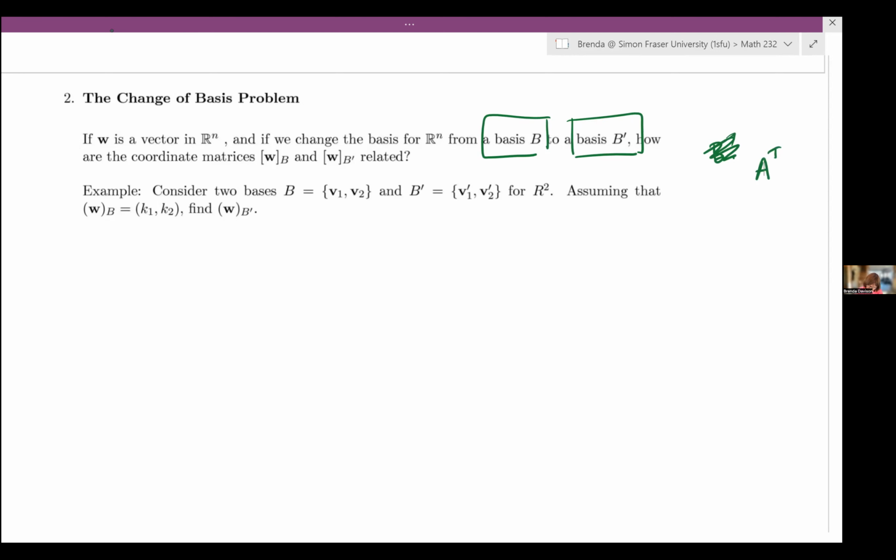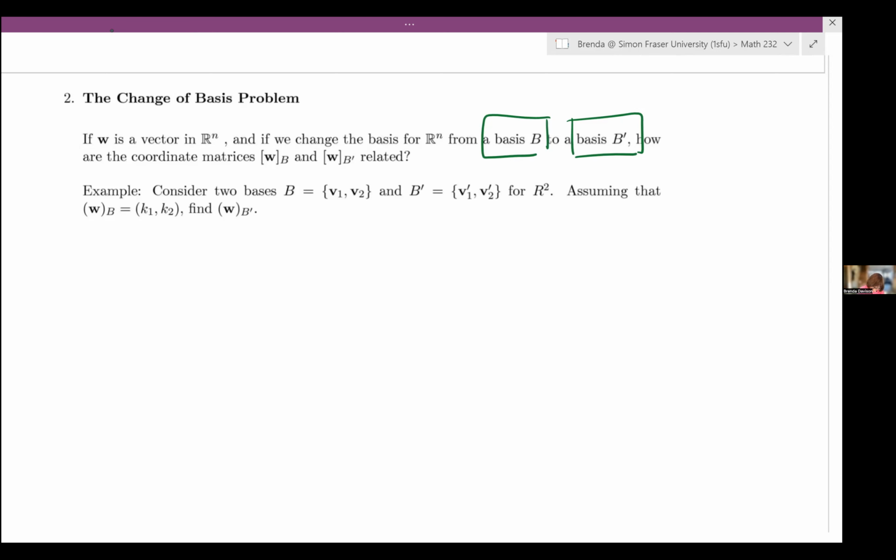So just be careful of the context here. I know that has caused a bit of confusion. Okay, here we go. And then we're going to ask, how are the coordinate matrices, how are the coefficients that we use on the vectors related when we represent a vector in one basis and then we represent it in another one.